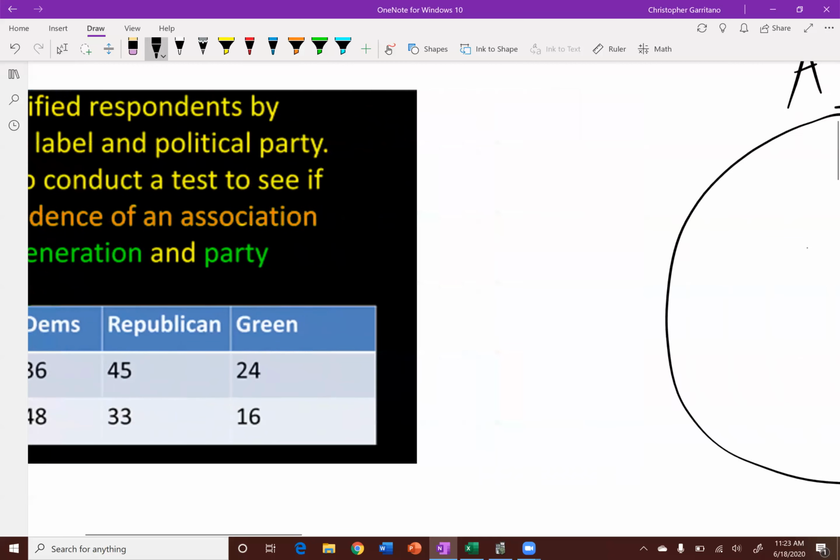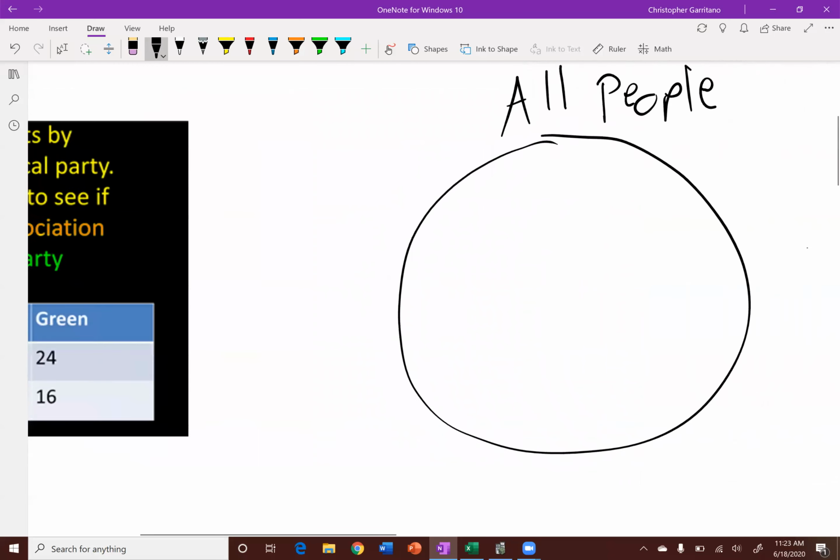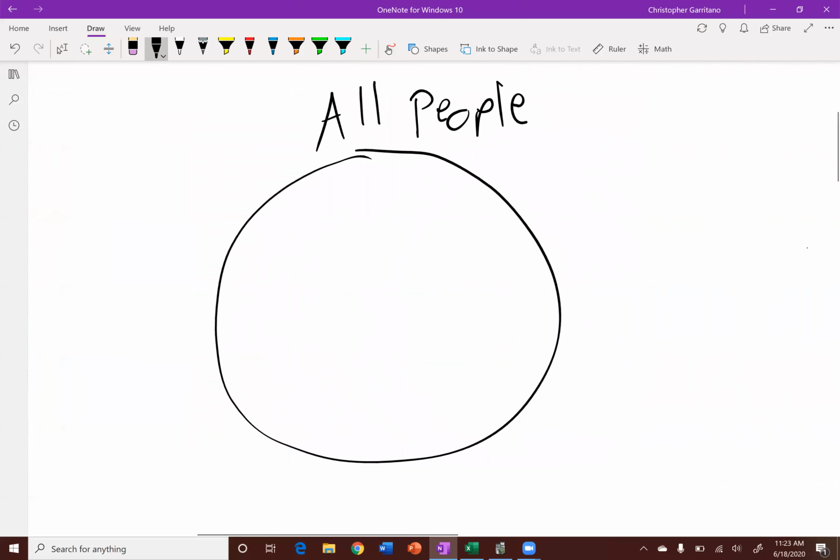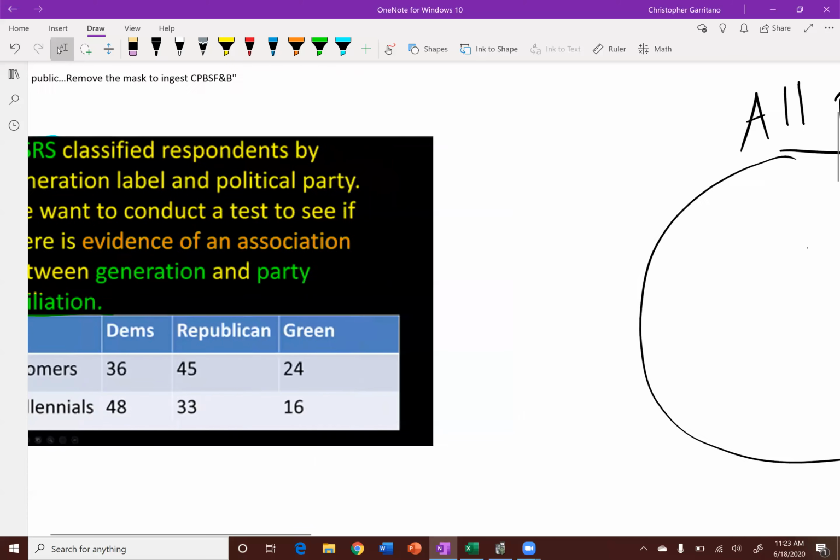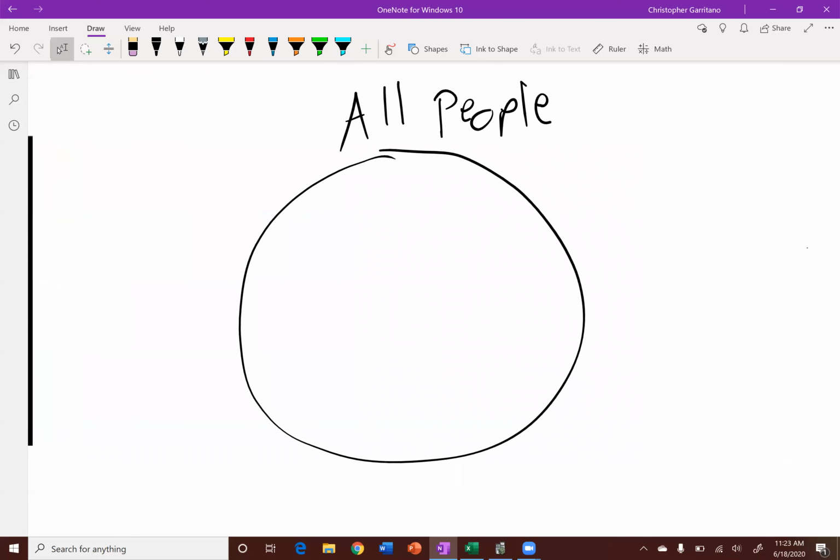Let me go into a little bit more detail. So let's say this is the population of all people, and actually it's not really all people, it's only the population of boomers and millennials. So it's all of those people.